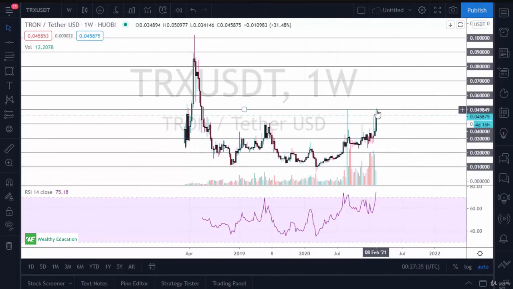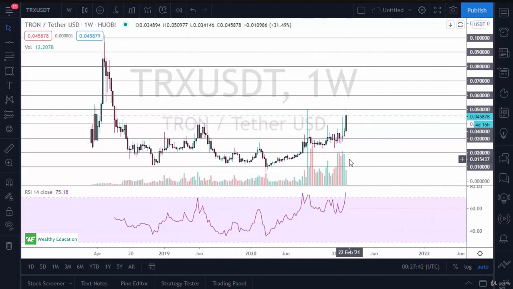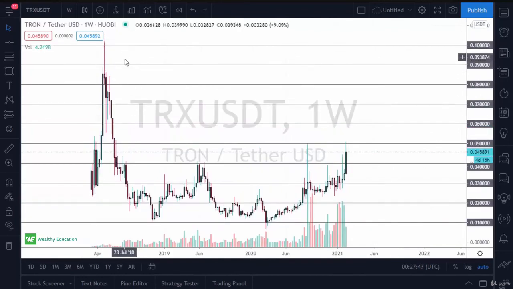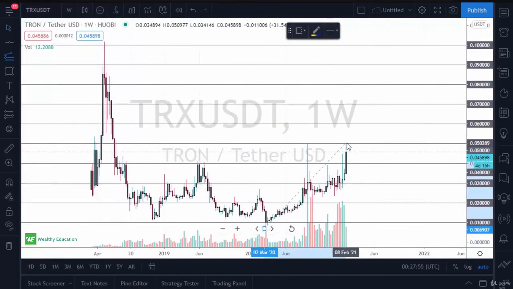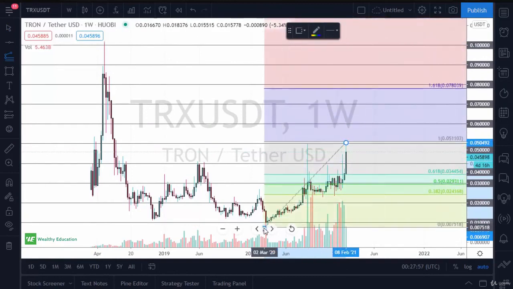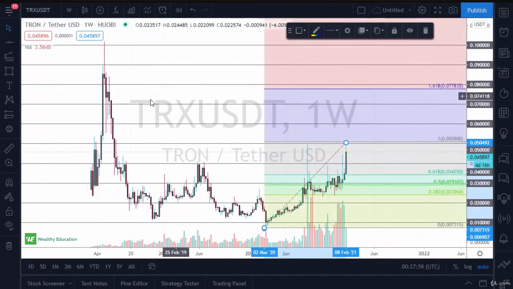The target on a breakout from here, there's really not a lot on the way up here that you can base a whole lot on. So you can either do an attempt to get back to the highs, or you can do an extension, fib extension. 1.618 is closer to the 8 cents level.